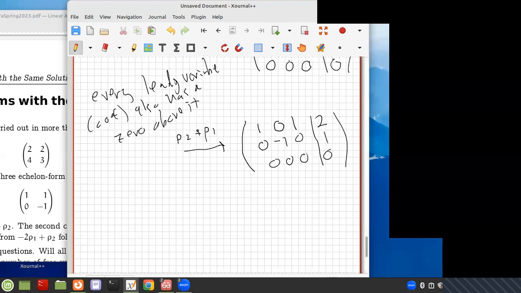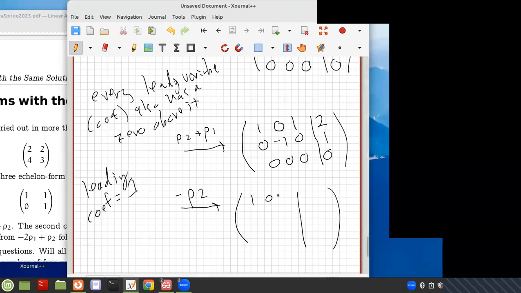Okay, now this is almost in reduced row echelon form. Also, the leading coefficients must be 1. Leading coefficients equal 1. So I can't have this minus 1 here. I have to make that into 1. So I can do that with minus row 2 to have 1, 0, 1, 2, 0, 1, 0, minus 1, and 0, 0, 0, 0.